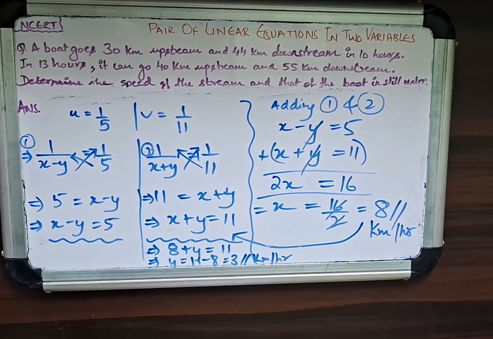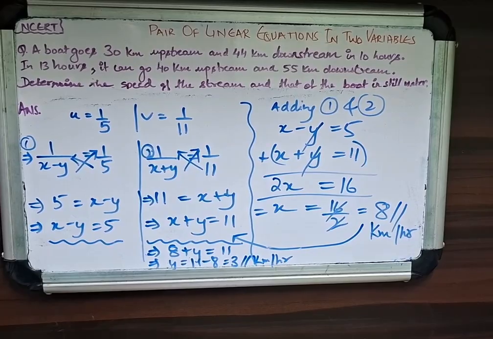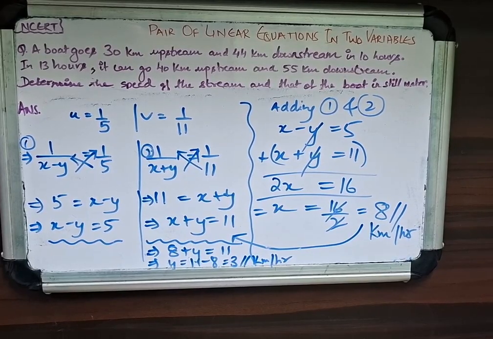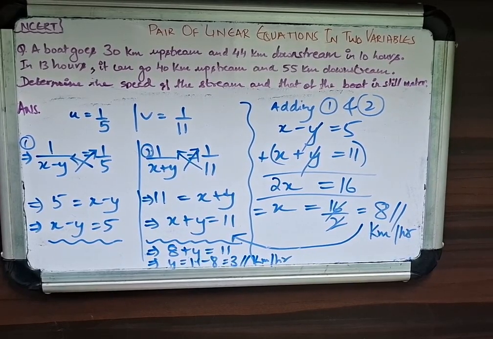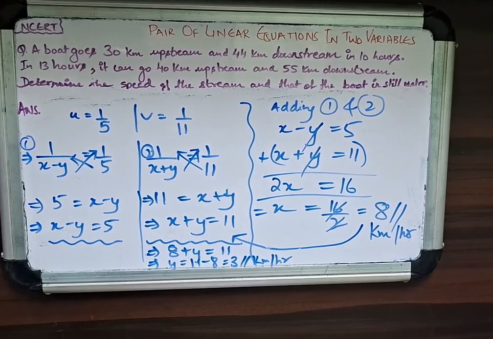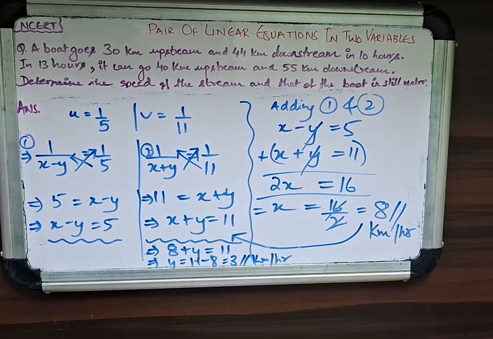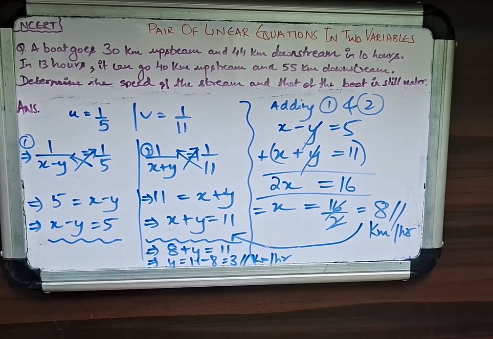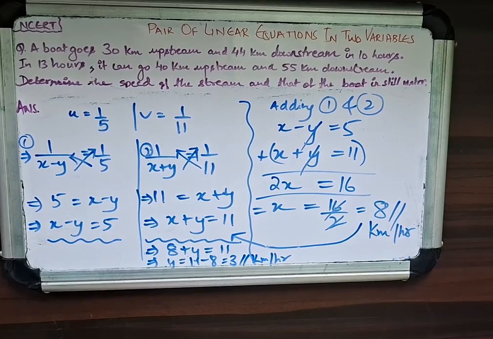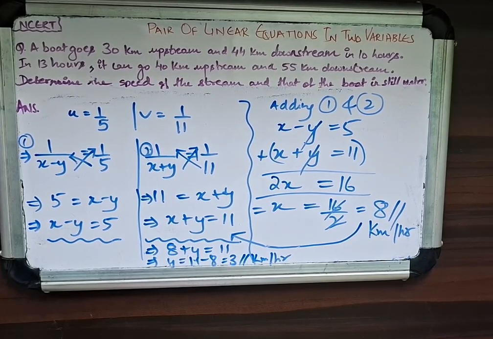So just to recap, we started off by figuring out the unknown variables, unknown quantities, unknown parameters, representing them with variables. In the next phase, we figured out the linear equations that would help us reach the solution.